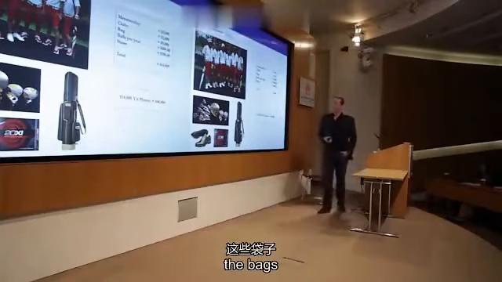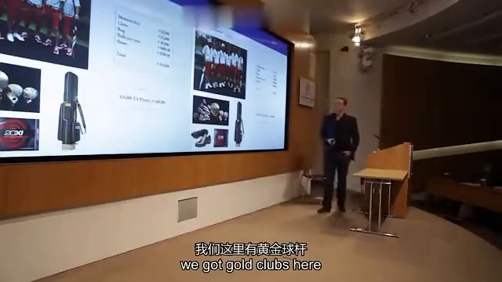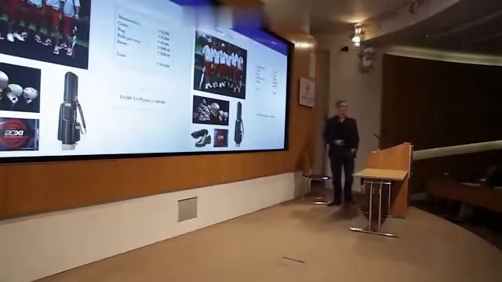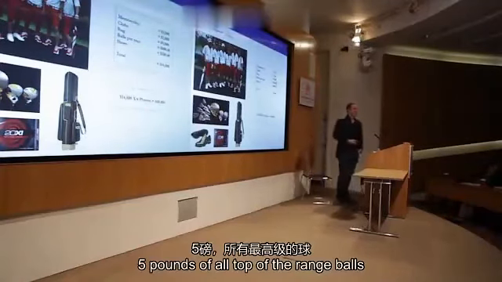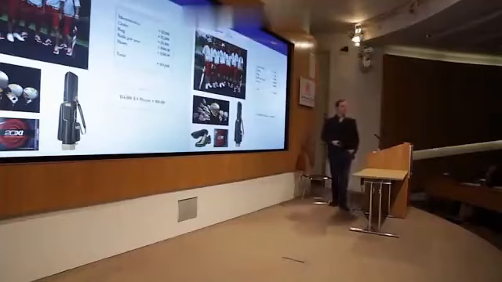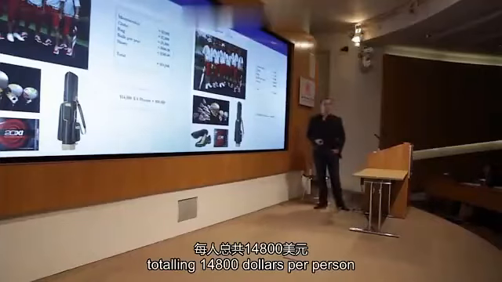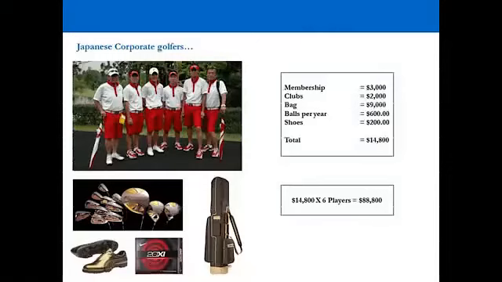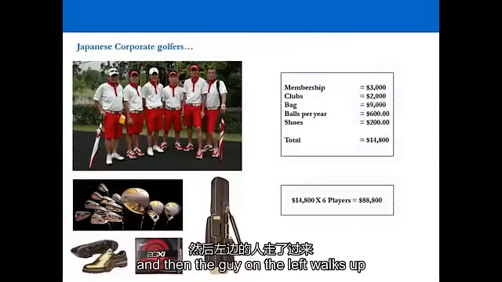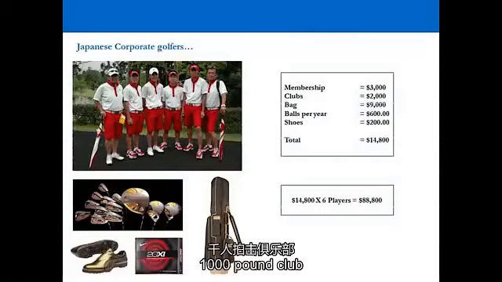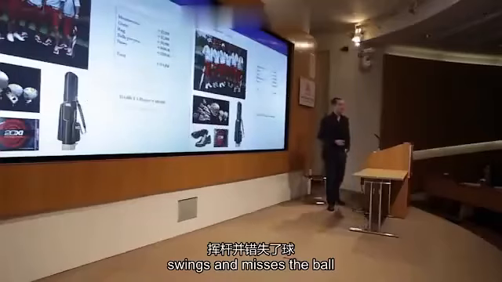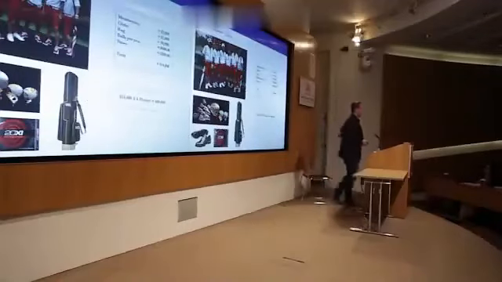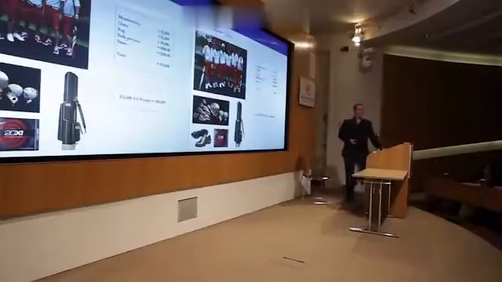So each of these guys, the bags, the clubs, we've got gold clubs here, gold shoes, £5 a ball, top of the range balls, everything. Totaling $14,800 per person. And then the guy on the left walks up with his £1,000 club, swings and misses the ball. And everyone giggles and says, "Try again, Yoshi."